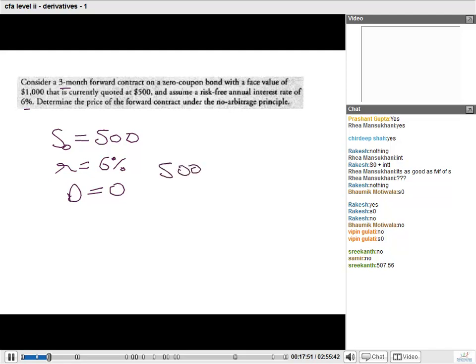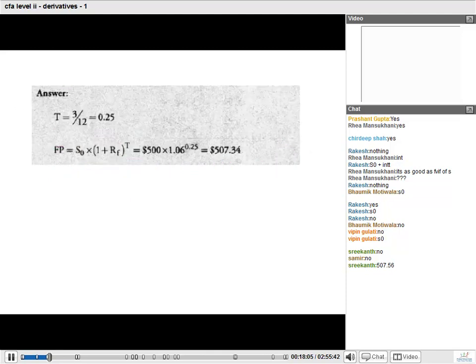So it will be S0 into (1 plus R) raised to the power T. T will be given by 3 by 12. So if unspecified, use annual compounding. If specified, you can use continuous compounding. So the no arbitrage forward price comes out to be 507.34.